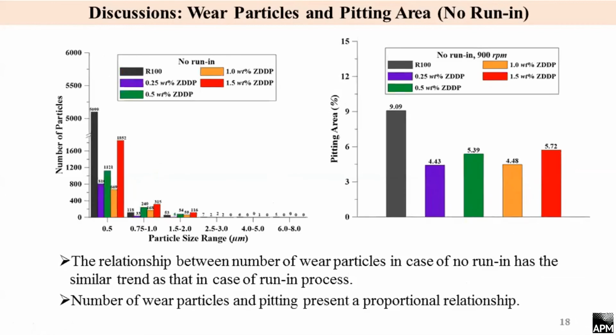Here, the relationship between the number of wear particles and pitting in the no running-in process is similar to the case of running-in process. So we predict that the wear particles and pitting have a proportional relationship.